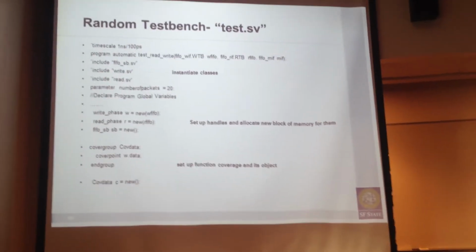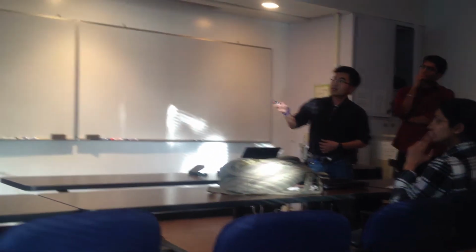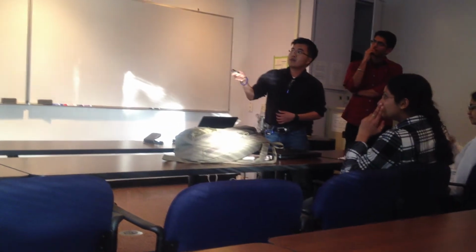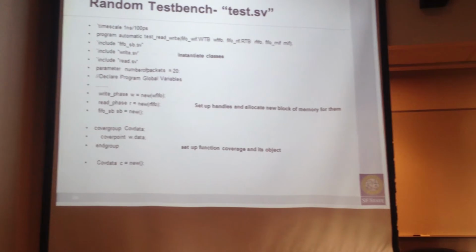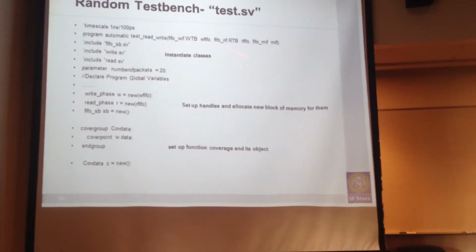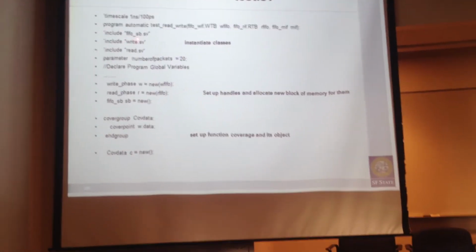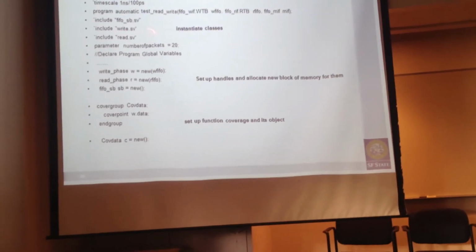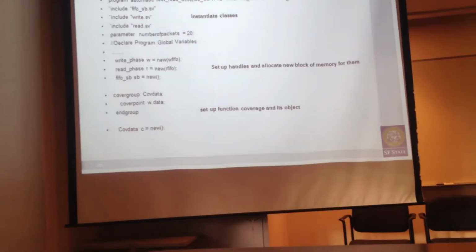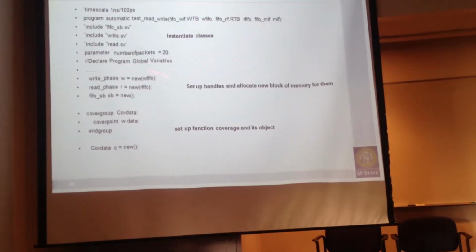This is the testbed module. In the testbed module, the first thing you see is that I connect our testbed with the interfaces: the write interface, read interface, and monitor interface. And first I instantiate the classes, separating the classes in this module. As you can see, I include the scoreboard class, the write class, and the read class in it, and I set up the handles and allocate a new block of memory for them.